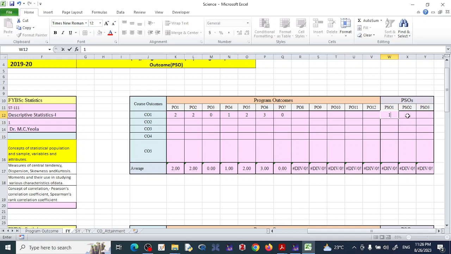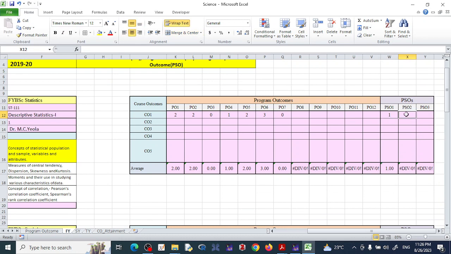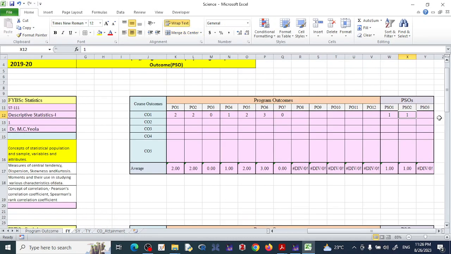Then I will write 1 here. About the second, formulate and analyze real life problem, here also suppose I think one of the three is achieved, so I will write 1 there.